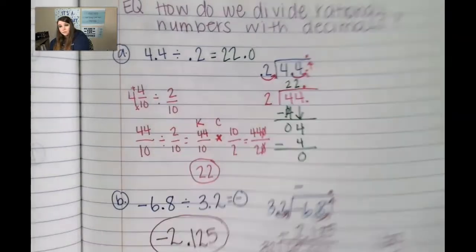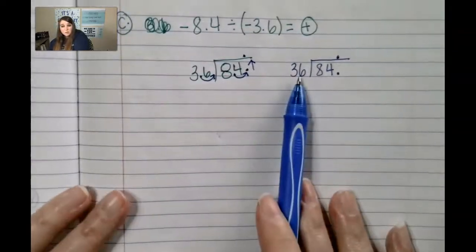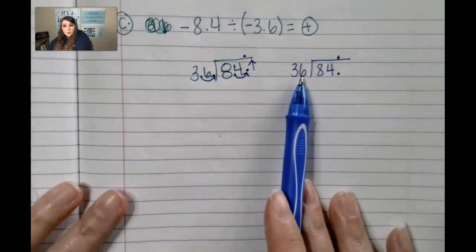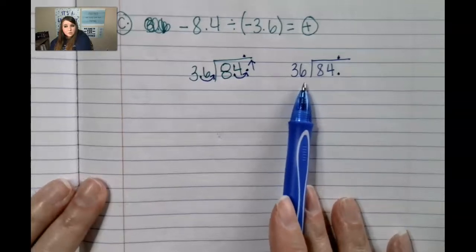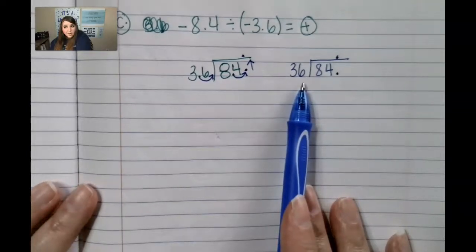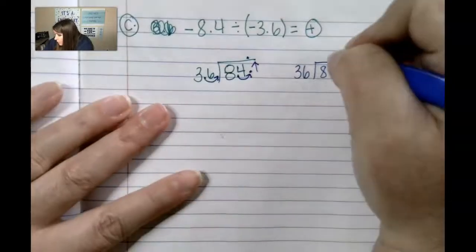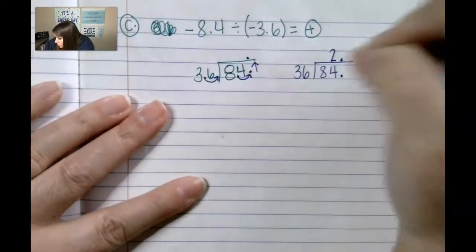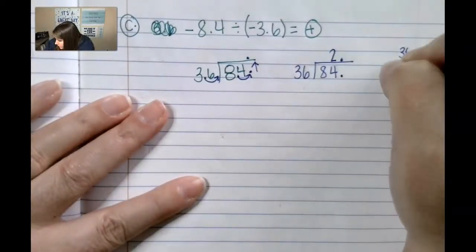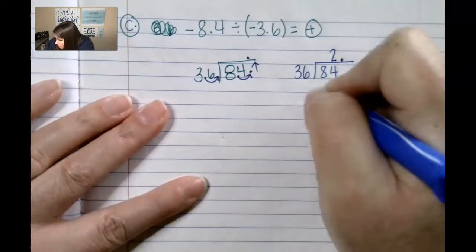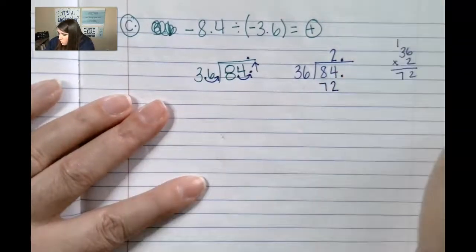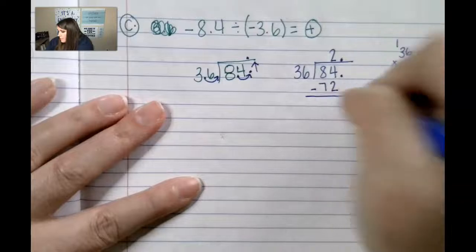That gave us 64, so that's pretty close here. So 6 times 2, if it goes in twice, is going to give us 12. I think that will work. So let's do 2. And we know that 36 times 2, there's my 12. And that's 72. If I would have gone one more, that would have been too big.